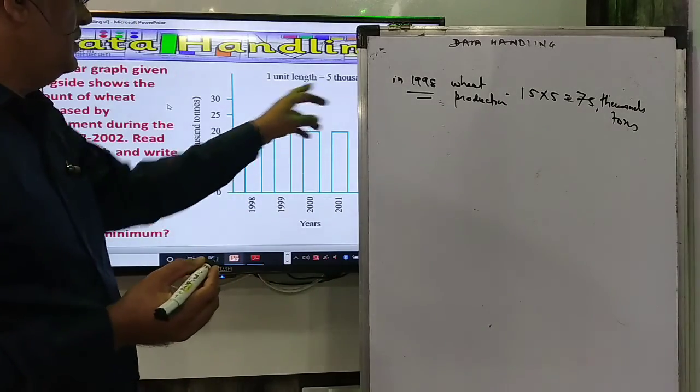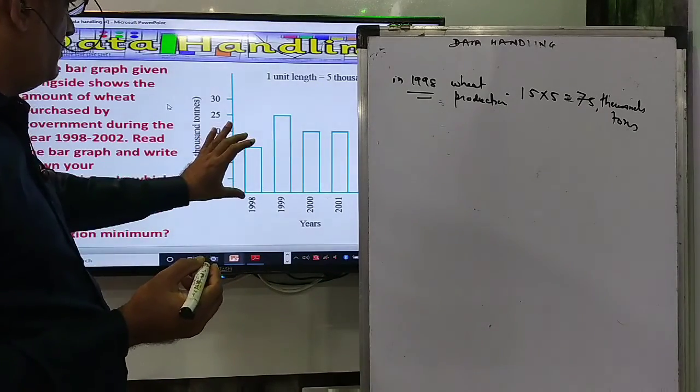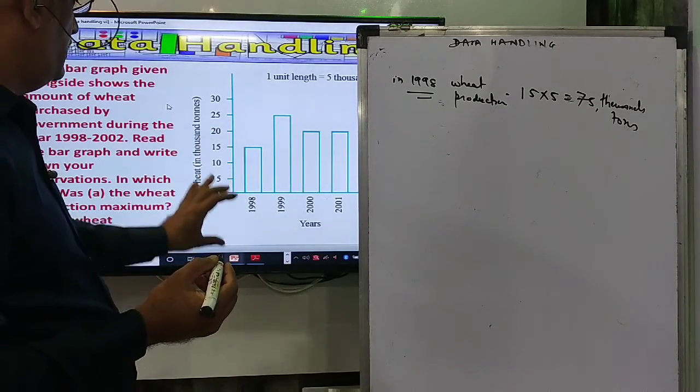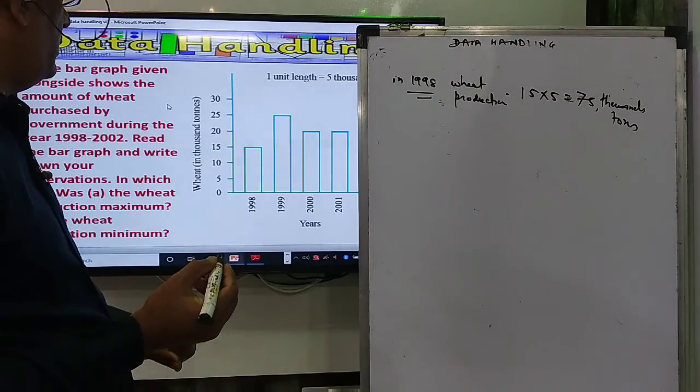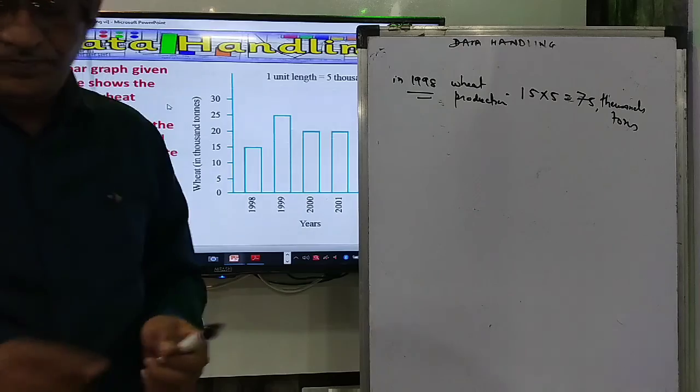So in 1998, this one unit represents 5,000 tons. One represents 5,000 tons.